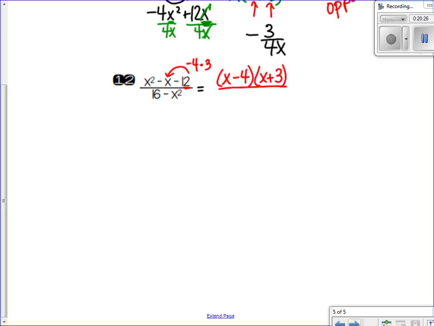All right, now I got to factor the bottom. So let's see, I have negative x squared and I have 16, okay? So this would actually be negative x squared plus 16.